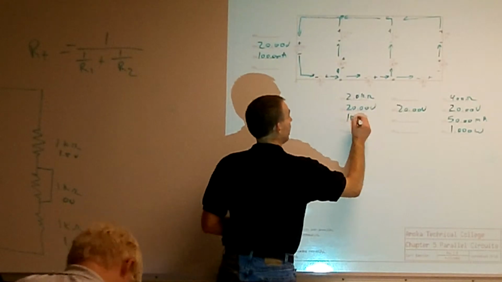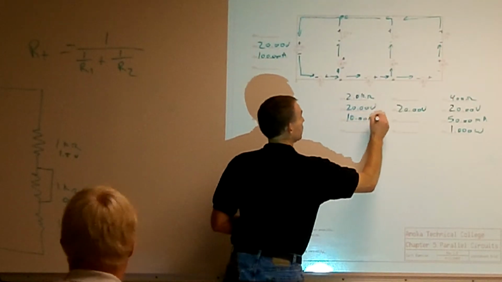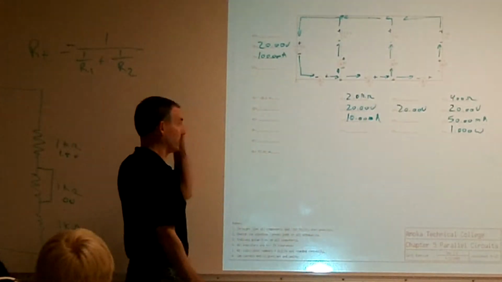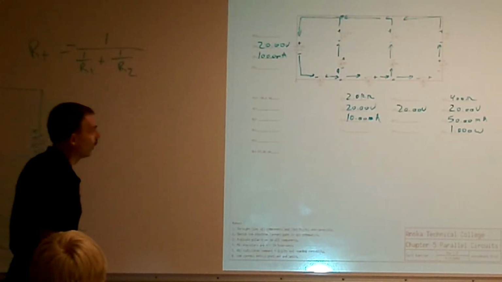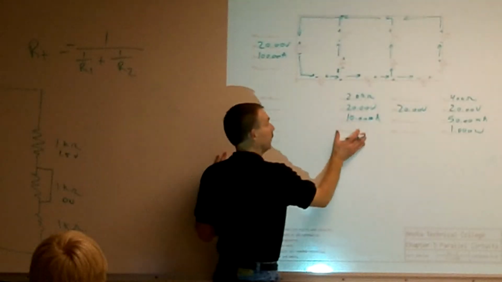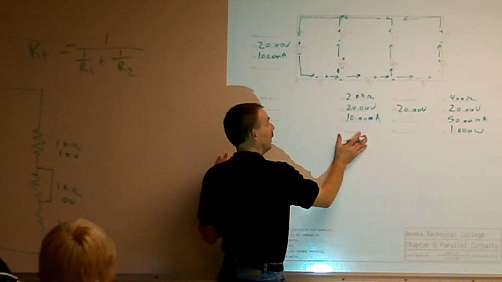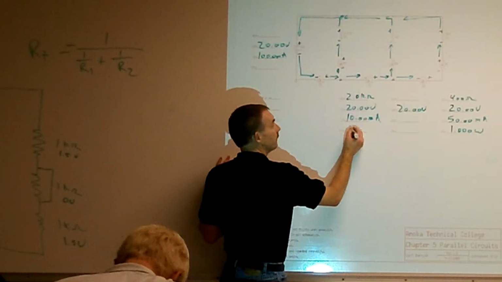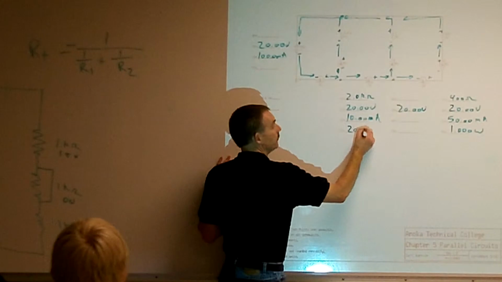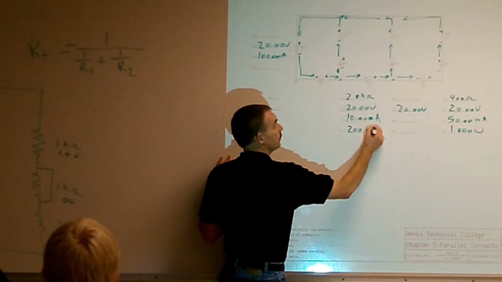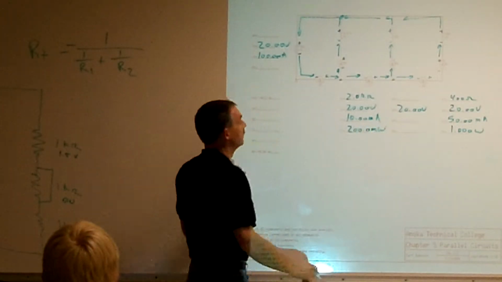Or 10 milliamps? Okay, and 10 milliamps going there. And then we might as well calculate out the power. So how much power is being dissipated across R1? 200 milliwatts. Okay, good.